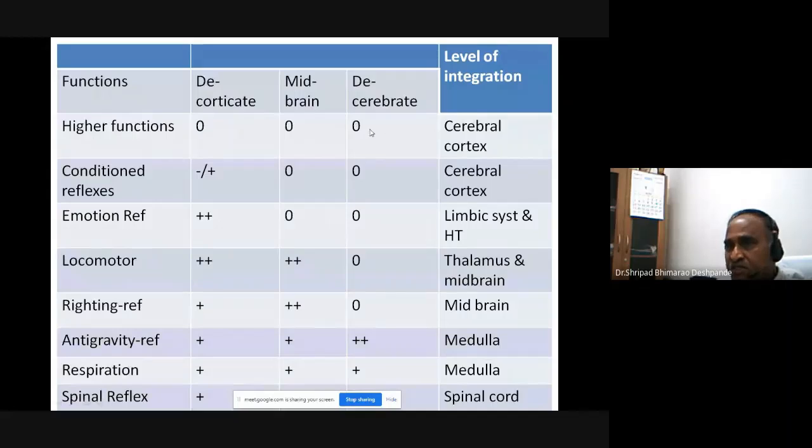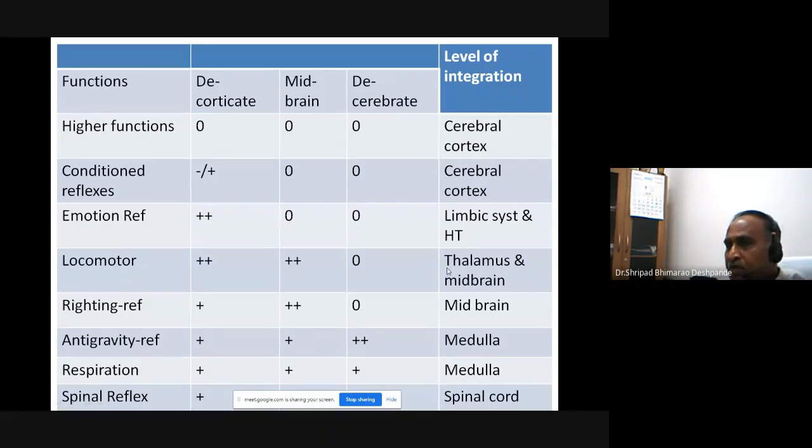Higher functions are 0 already in decorticate, midbrain, or decerebrate, because there is no cortex at all. Conditioned reflexes, I'm putting a question mark there, 0, 0, because they require the cerebral cortex. The emotions are 0 here too. The decerebrate animal does not have emotions.